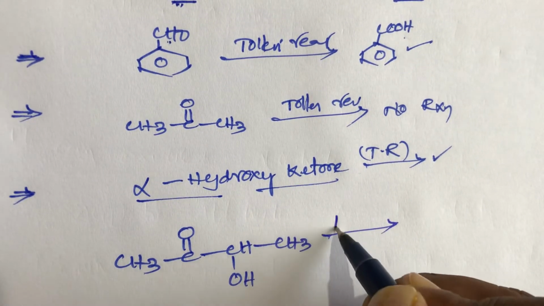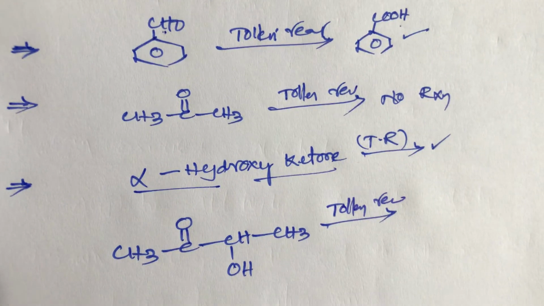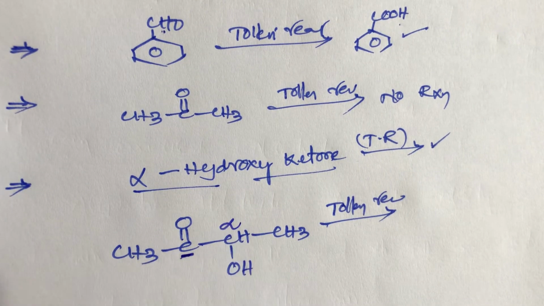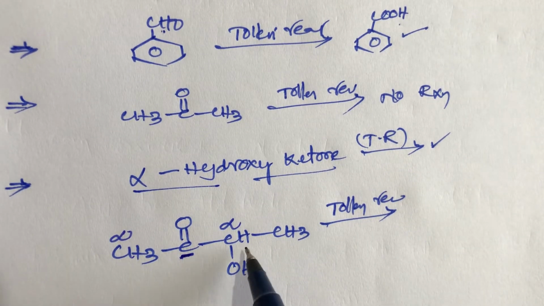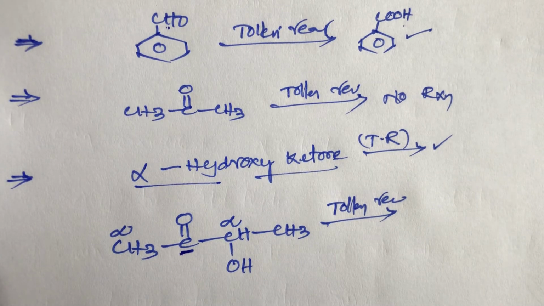In the presence of Tollens reagent, what happens? This is the functional group. Beside this functional group an alpha carbon is there, and on the left-hand side also an alpha carbon is there. This alpha carbon is a secondary alcohol group. Generally, secondary alcohols on oxidation give ketones.